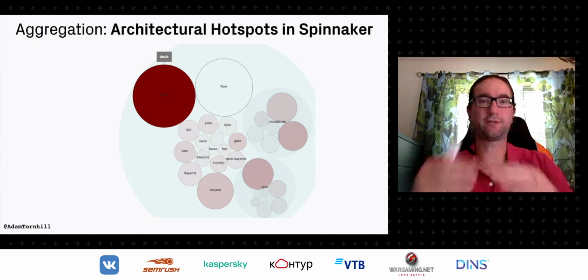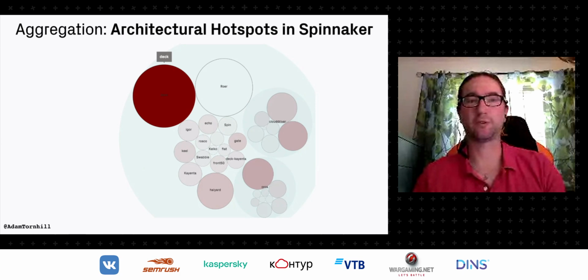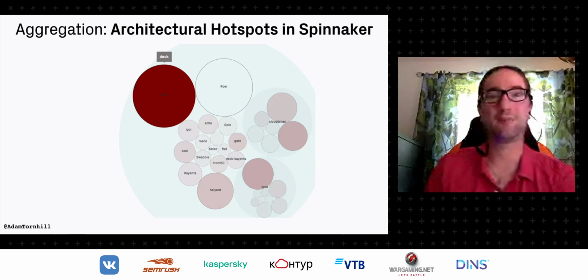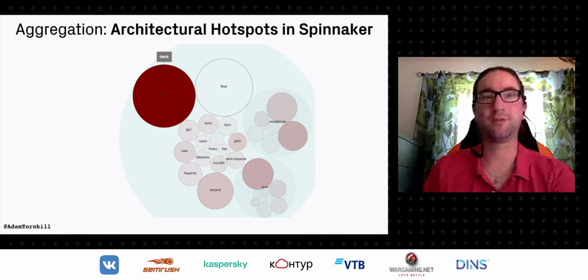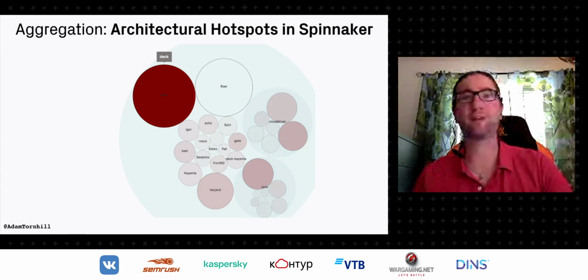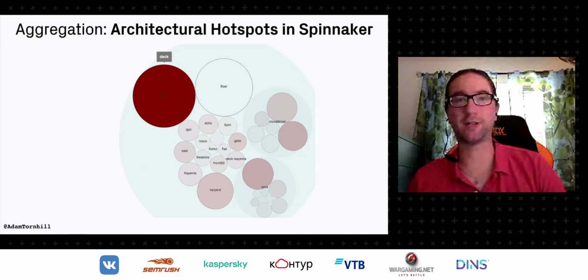So each one of those circles now represents a whole microservice or a subsystem. And this reveals a much more interesting initial view, because we now immediately see that if we want to focus testing or verification on anything, we should definitely focus on the deck component.